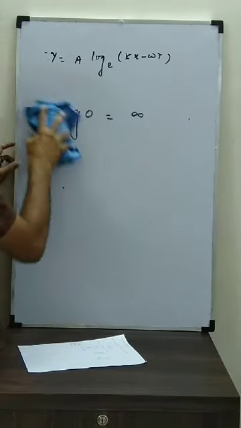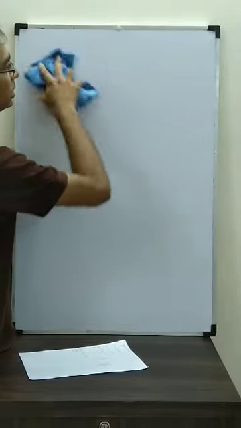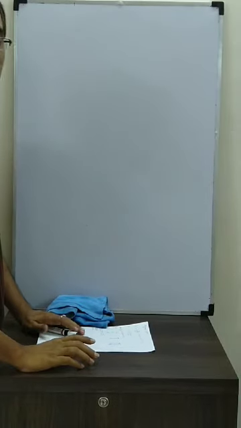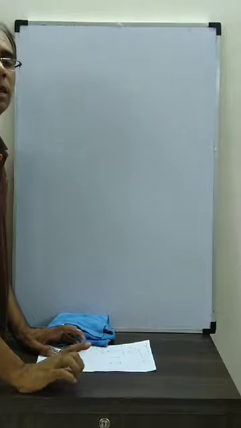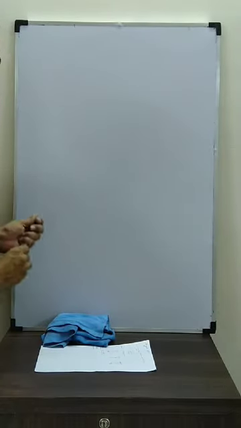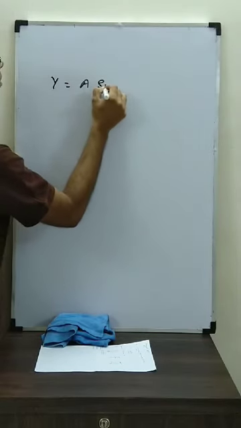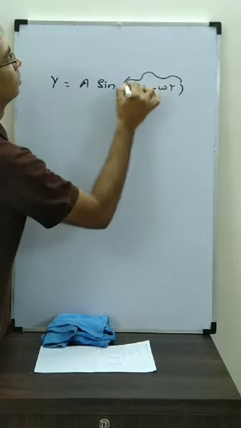So what I told you, first of all we need to check whether a particular function is representing a wave or not. How to find it? We need to check it for every value of x and t, whether that function is well defined or not. Second thing, whichever function is given, it must have this form, kx minus omega t form.